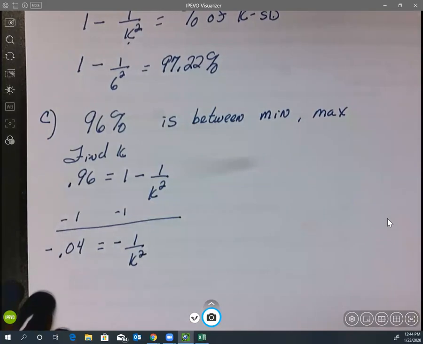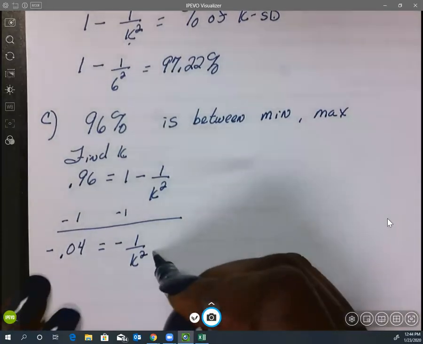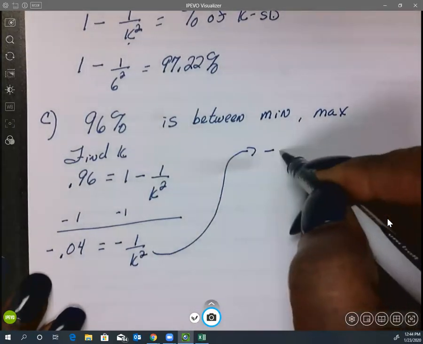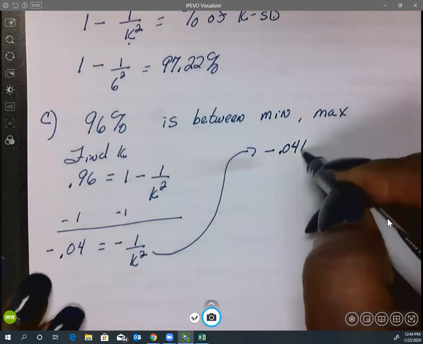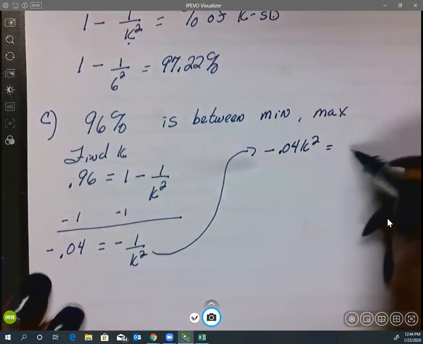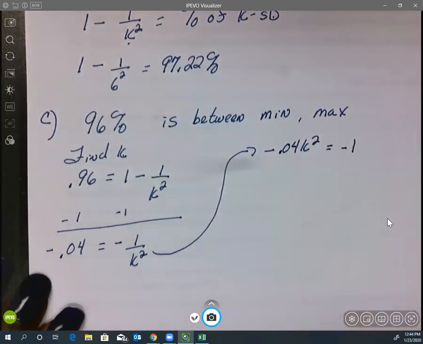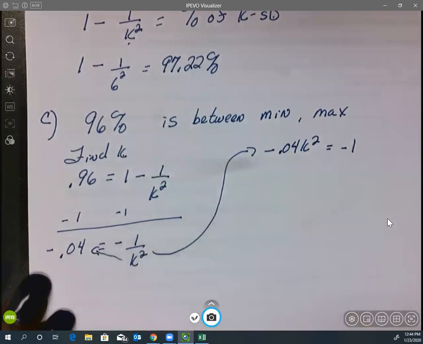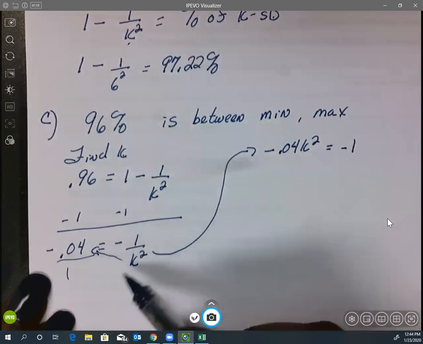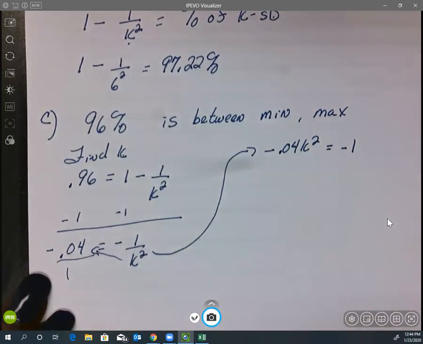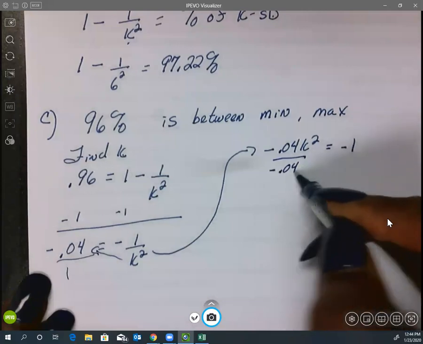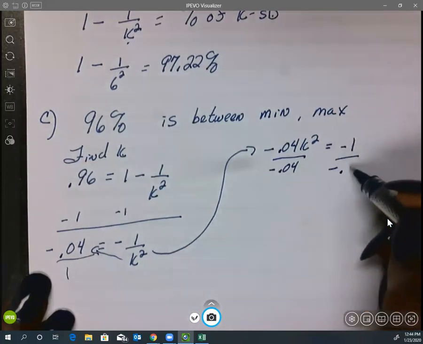0.04 is equal to a negative 1 over K squared. A little cross multiplication action. That gives me negative 0.04 K squared is equal to negative 1. I'm multiplying K squared times that, and now I need to divide by negative 0.04 to get K by itself.